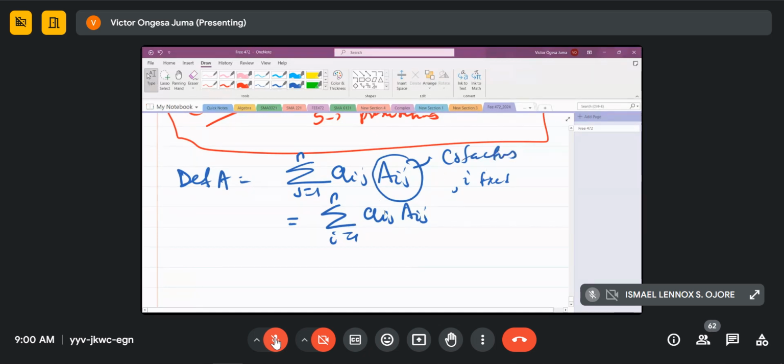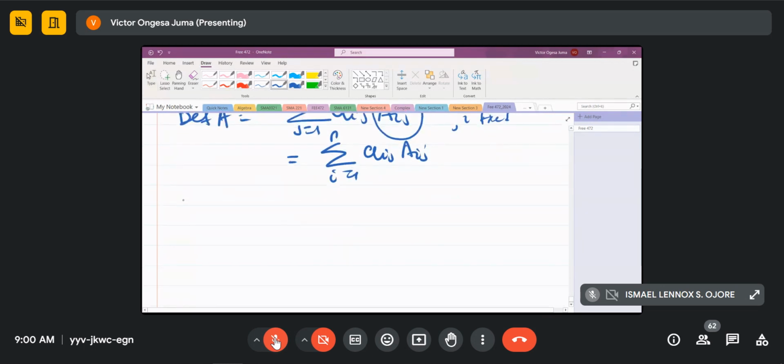So to illustrate this, let me first define what we mean by these values. I'll start by defining what we call the minor of an element.